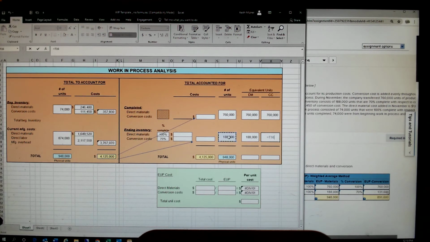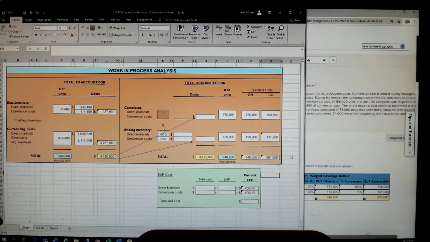Well, 188,000 that are 70% completed is equivalent to 131,600 that are completed. Now we can add up these columns to find out the total equivalent units of production for materials as well as for conversion costs.